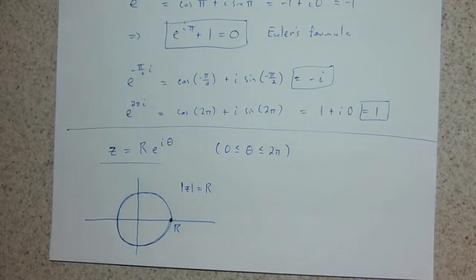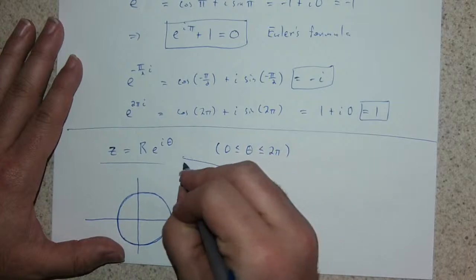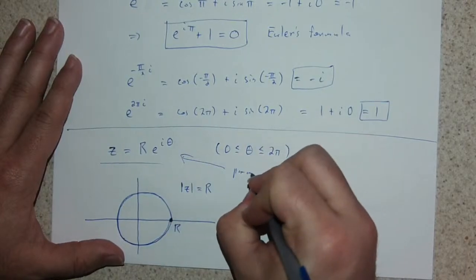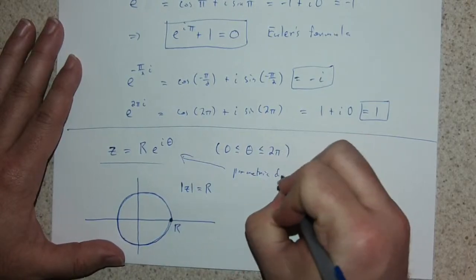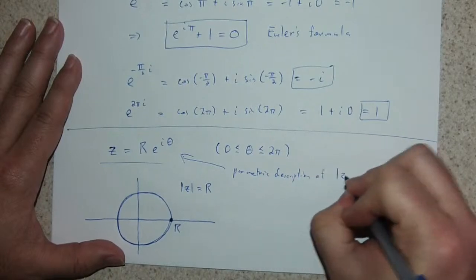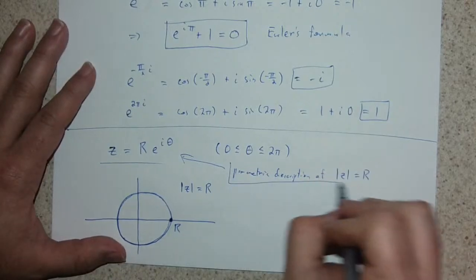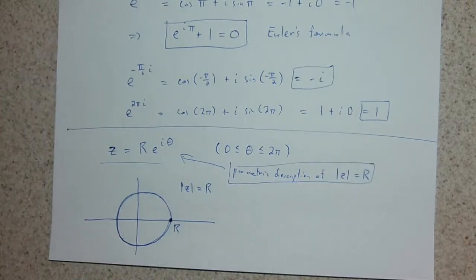Of course, the circle of radius r itself has equation, right? Modulus of z is equal to r. That's this circle. Okay, but this is a parametric description of the circle modulus of z is equal to r. Okay.